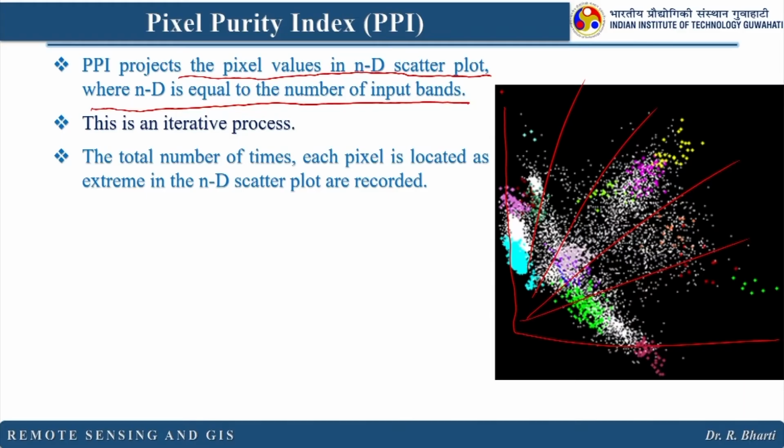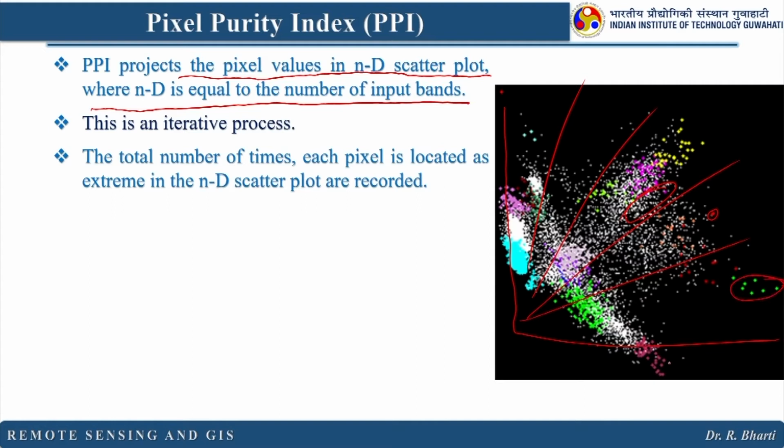So when you are changing the axis one by one, what will happen? These are the pixel values, doesn't matter in which color they are, plotted in n dimensional space, and here you have to find out those pixels which are coming in extremes.